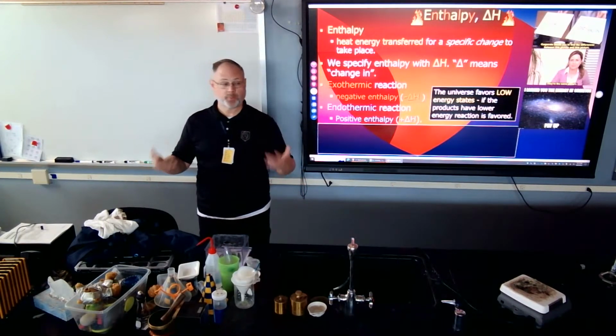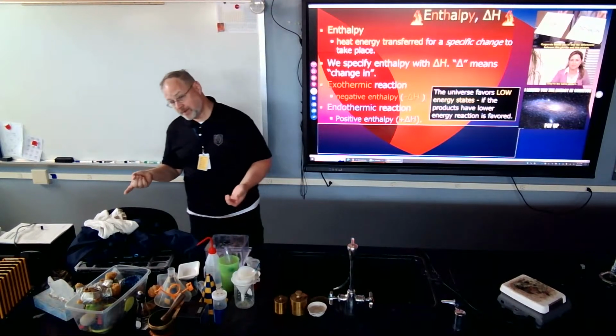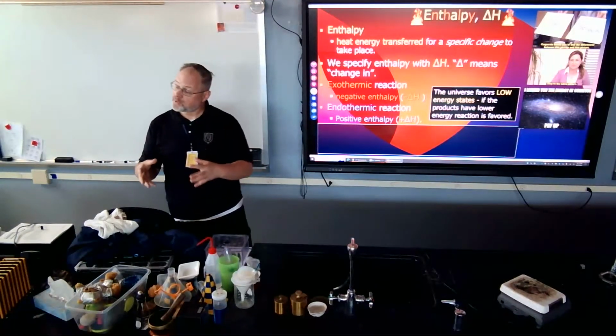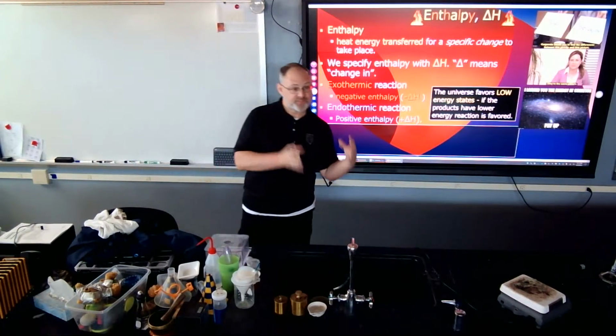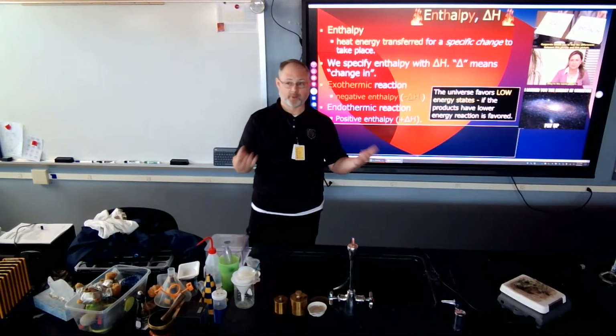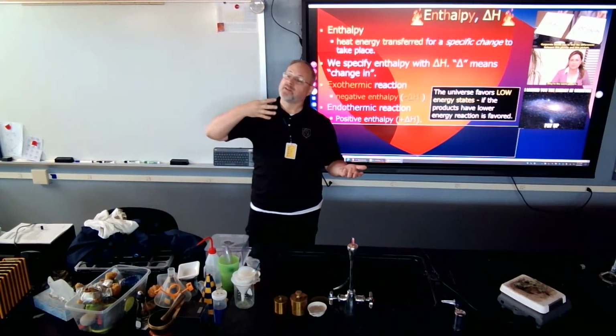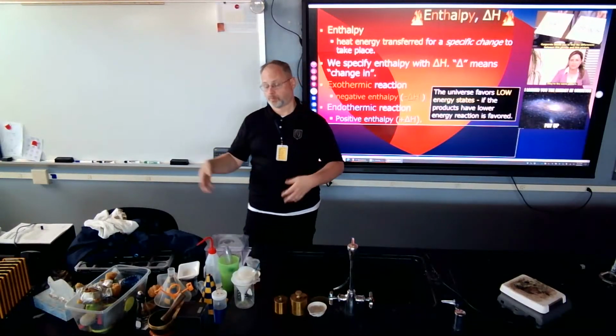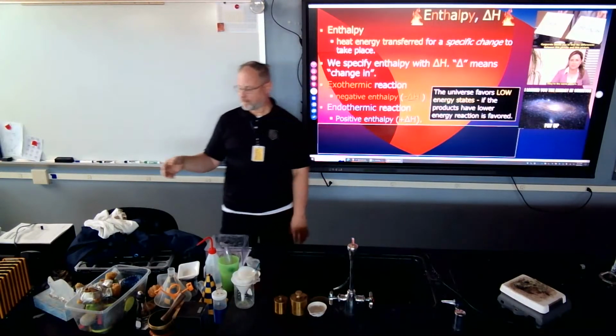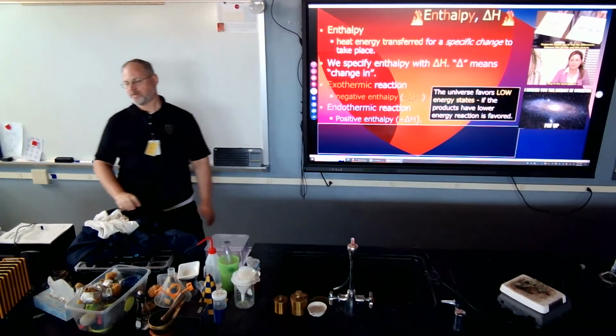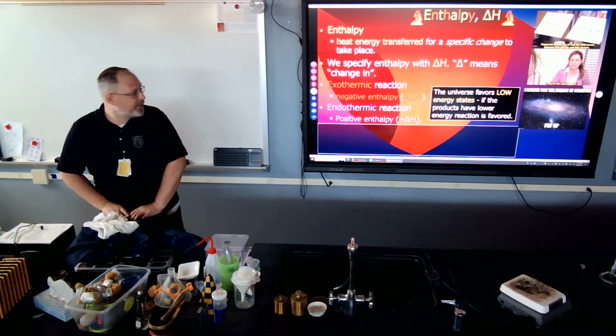That's an endothermic process. On the other hand, if a system starts with 100 kilojoules of heat and ends with 60 kilojoules of heat, final minus initial, 60 minus 100, then the delta H is negative 40 kilojoules per mole. So exothermic, heat is leaving the system. Endothermic is going in.